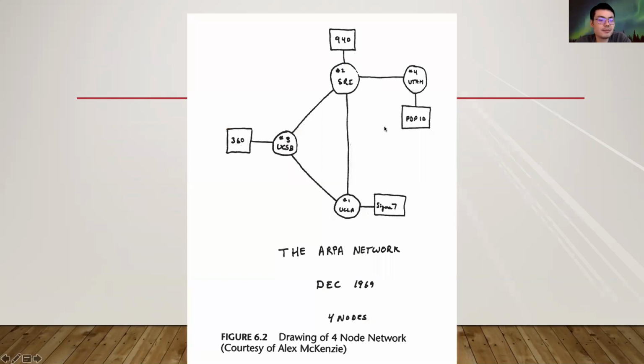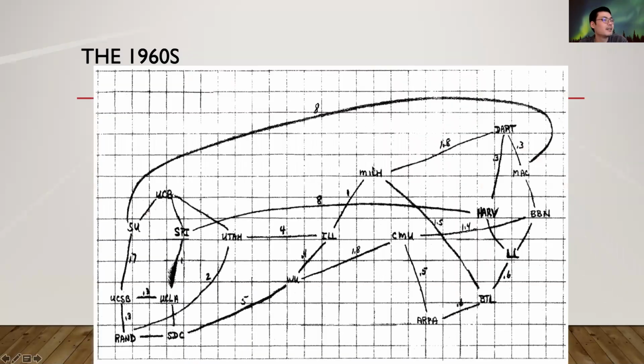So here is the ARPANET. Initially in 1969, there were only 4 nodes: UC Santa Barbara, UCLA, Utah, and one more. Later it grew a little larger. You can see a lot of them are campuses, all with ARPA, the Department of Defense research agency.